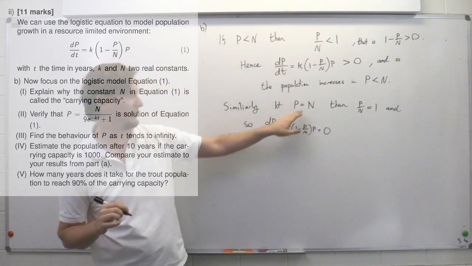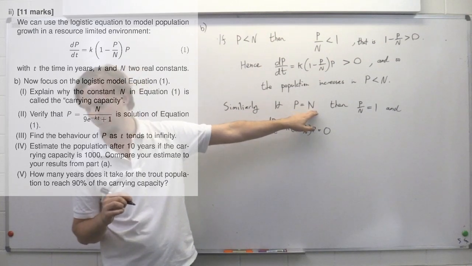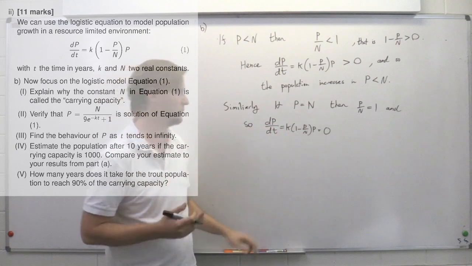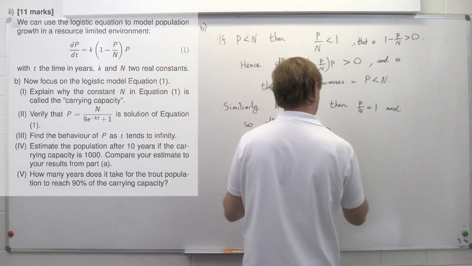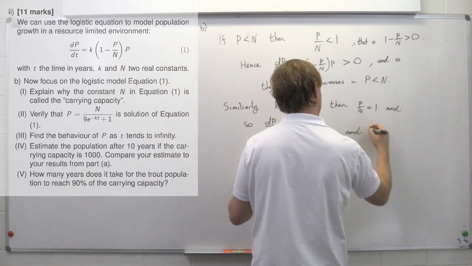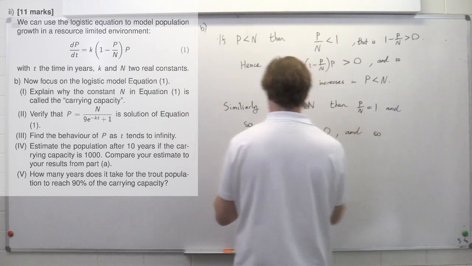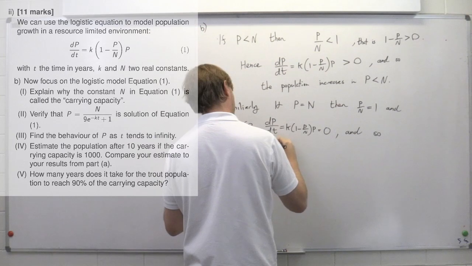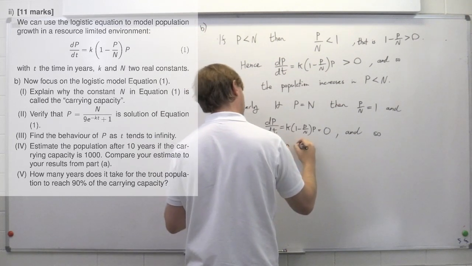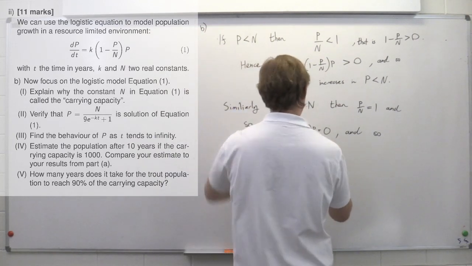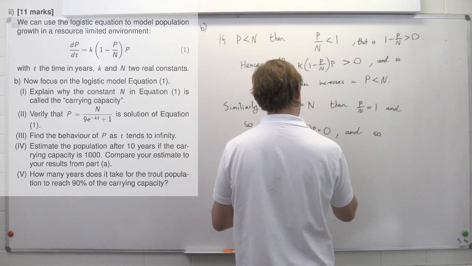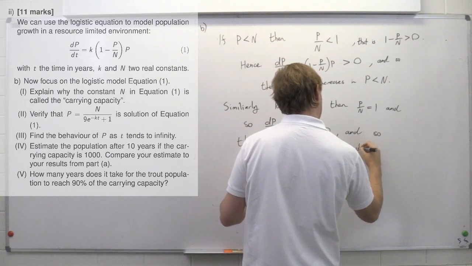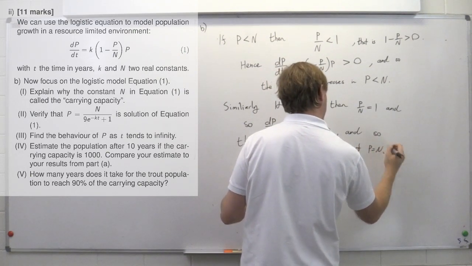So that tells me that this is actually a stable population number, that if I was at this population level, the population would not change. The population doesn't change if p is equal to n.